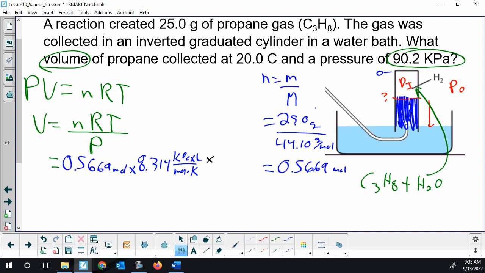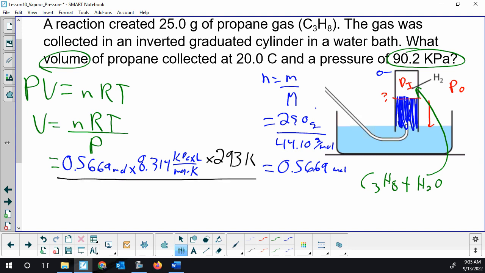So 20.0 to go to Kelvin is the bigger, so we add 273.15. So I get 293.15. I didn't write out the last digits, kind of running out of room, but it's 293.15.